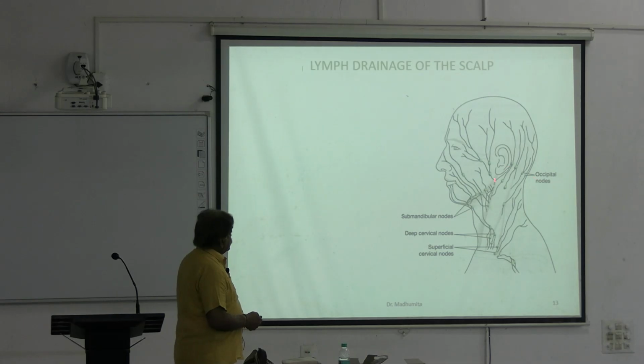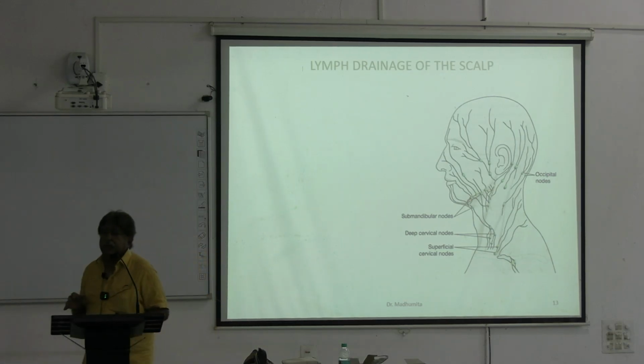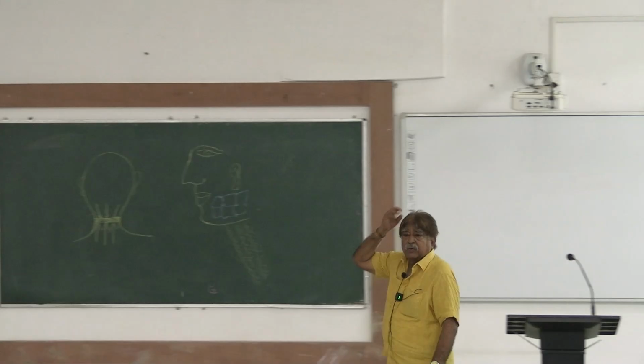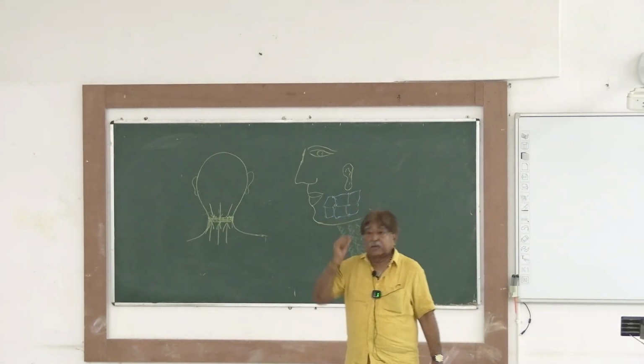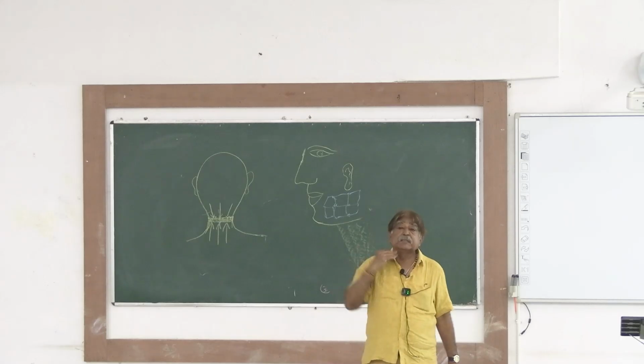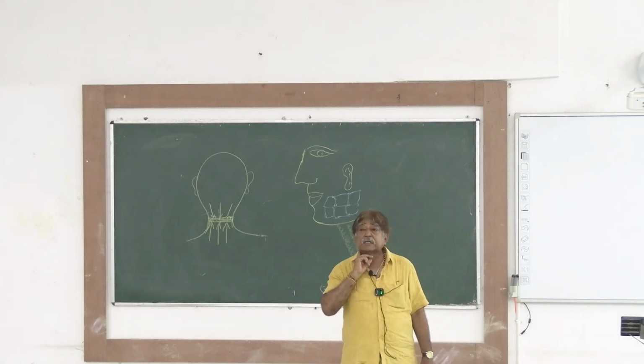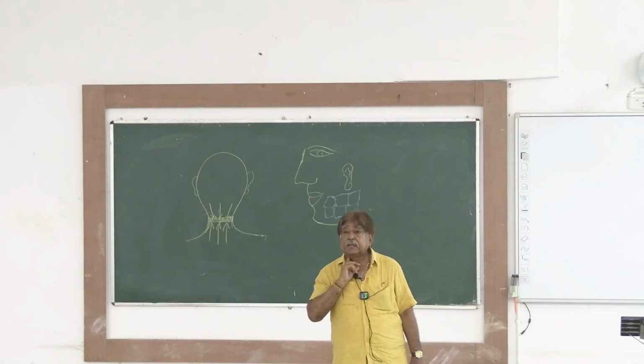The lymph nodes: occipital nodes, submandibular node, deep cervical node, superficial cervical node. Now, especially children get some impetigo in the scalp or some boil or abscess. The mother complains of the gland swelling.